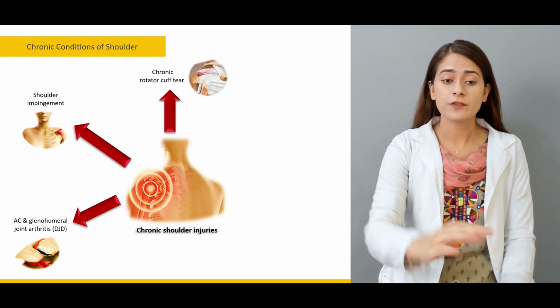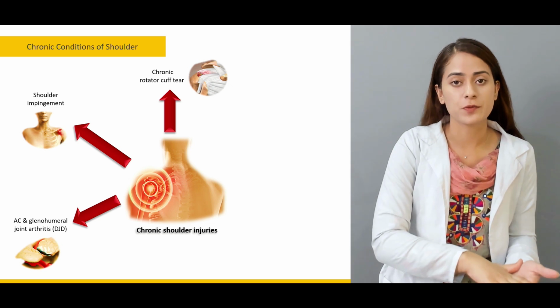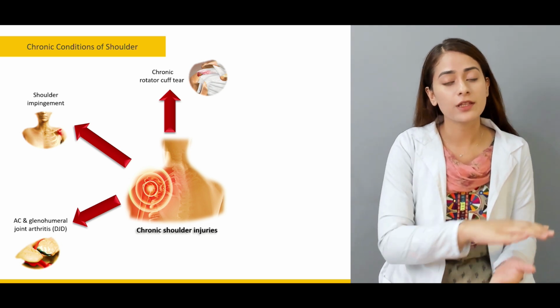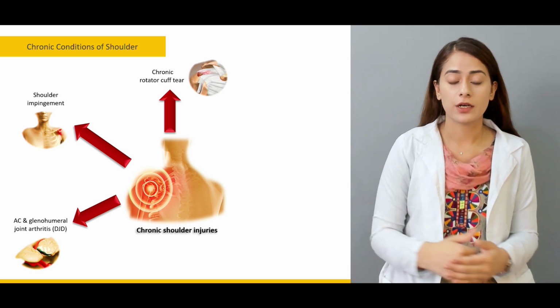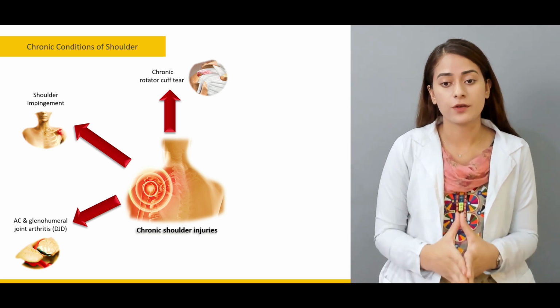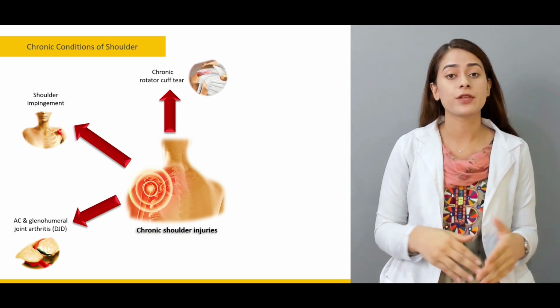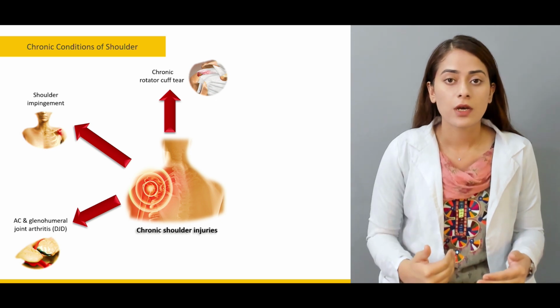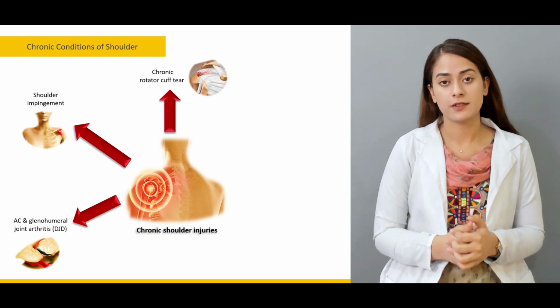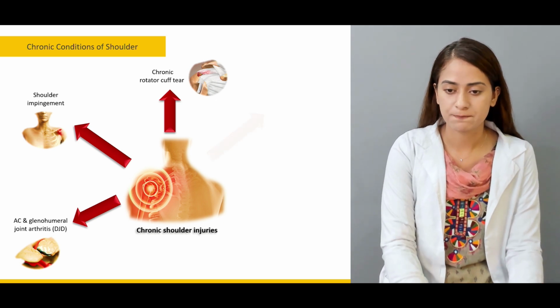Obviously, what results in rupture is actually impingement. Impingement for a long duration of time results in tears or ruptures of the tendons. We will see how chronic rotator cuff tears appear on the radiographs, but the main reason for the rupture of tendons is impingement, talking about the shoulder joint.